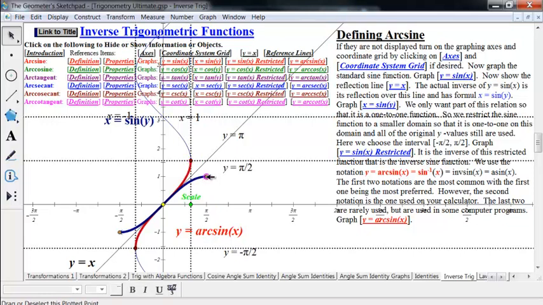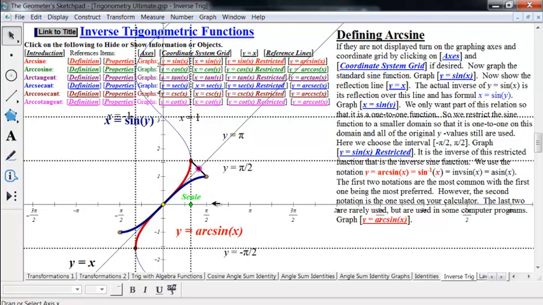This one here on the restricted sine wave was pi over 2 comma 1. Its image is over here, 1 comma pi over 2.